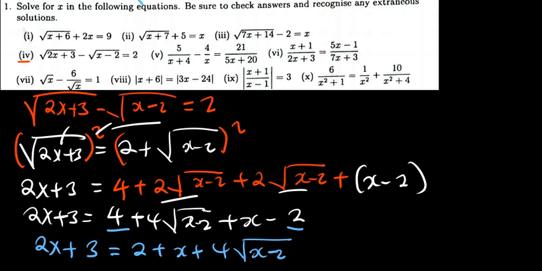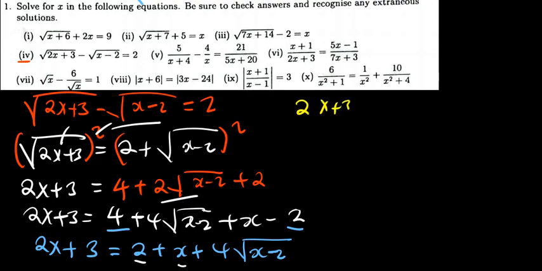So now since I don't have space this side, I'm going to continue it from here. From this point I can now shift this and that to the left hand side because it doesn't have the square root. So I'll say 2x plus 3, shift 2, it will be minus 2, shift x to be minus x, equal to 4 the root of x minus 2, like that.